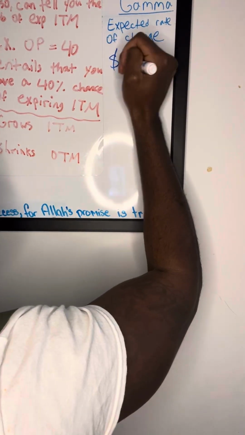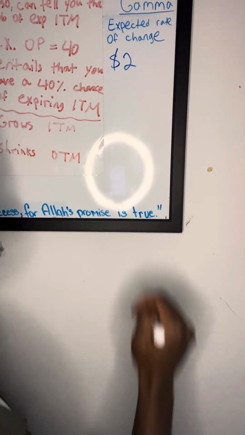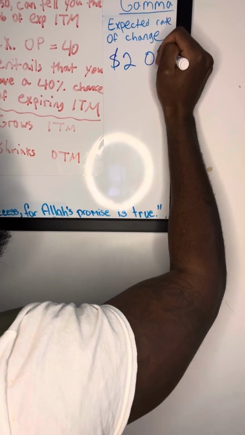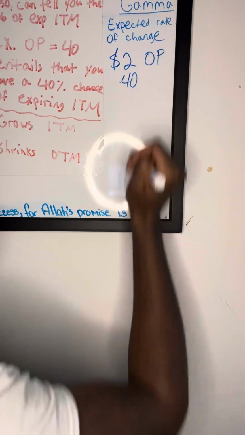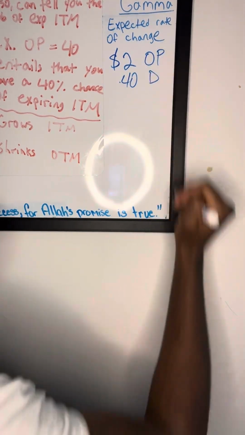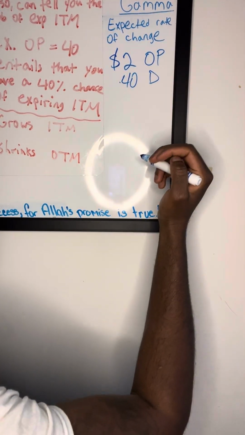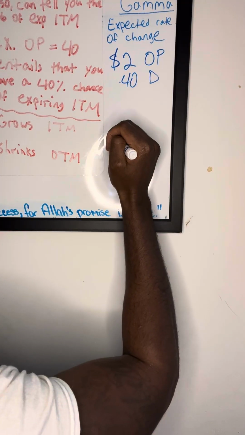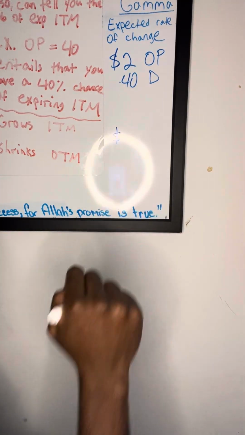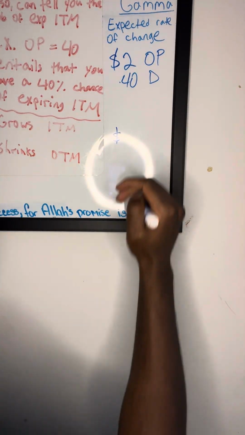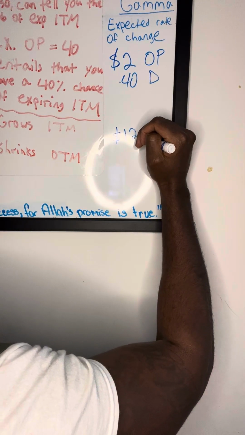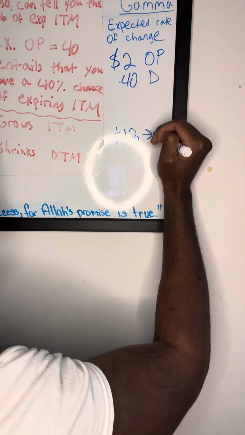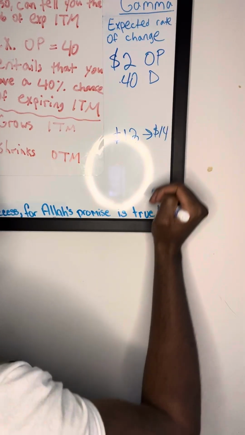So $2. That's the original options contract, right? Options premium. Now, the delta was 40 cents, right? That's your delta, right? So now it gets a little tricky because you have to remember that this is all based off of the underlying security moving. So the underlying security moves from $13 to $14, right?